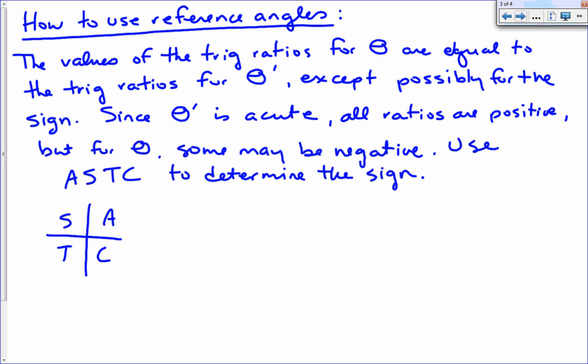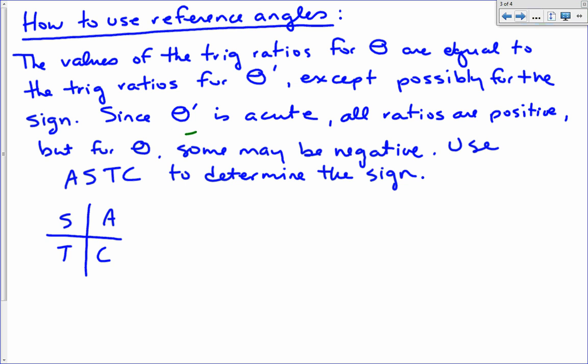Since theta prime is acute, less than 90 degrees, all the ratios are positive. But we know that for theta, as we work our way around that circle, some of the ratios are negative. So we need to put together the value.